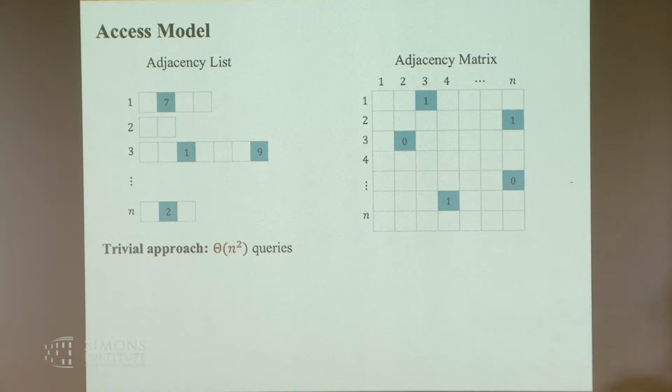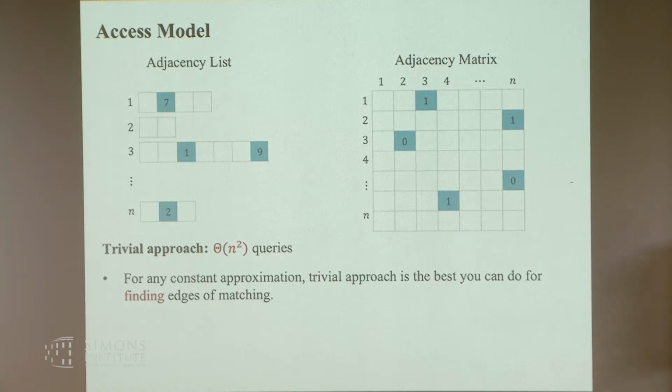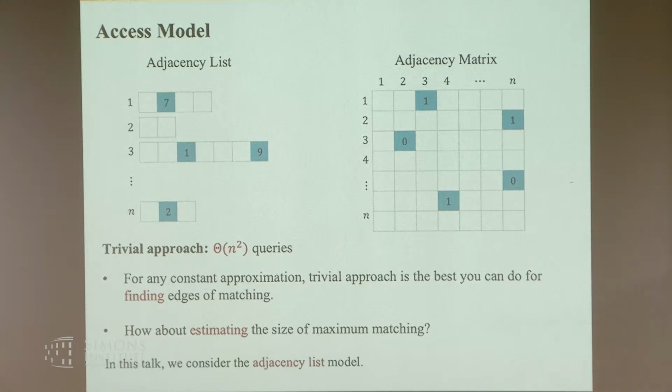It needs n squared queries. And as Sepehr also mentioned, if you want to find the edges of the maximum matching, this is the best you can do. You need n squared time to find any constant approximation for maximum matching. So here our goal is to just estimate the size of the maximum matching. And in this talk, I'm only considering the adjacency list model. Any questions about the model and the problem?